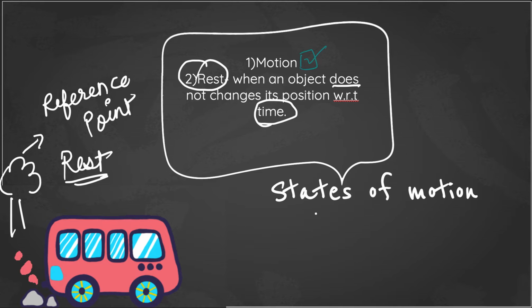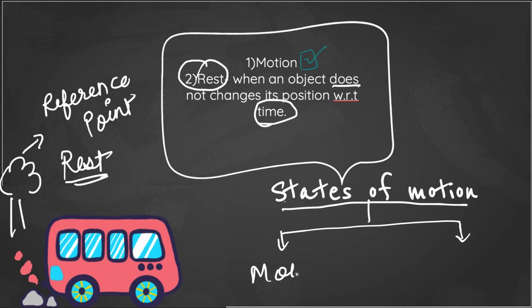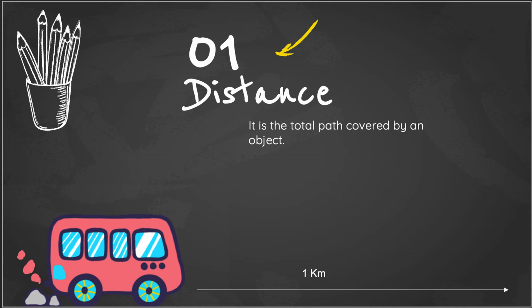So these were the two states of motion. Or let me draw a flow chart. We can categorize the states of motion as in motion or in rest. Okay, so this was a briefing. Now we have four important parts which we have to talk about in this chapter.